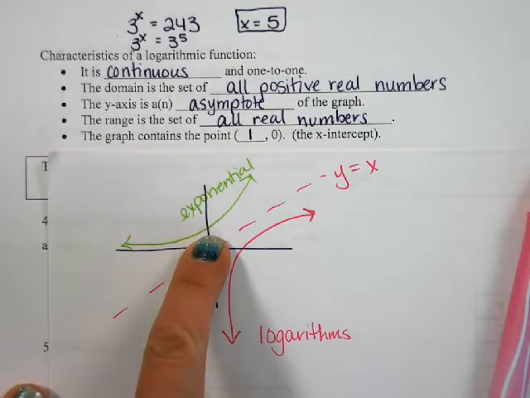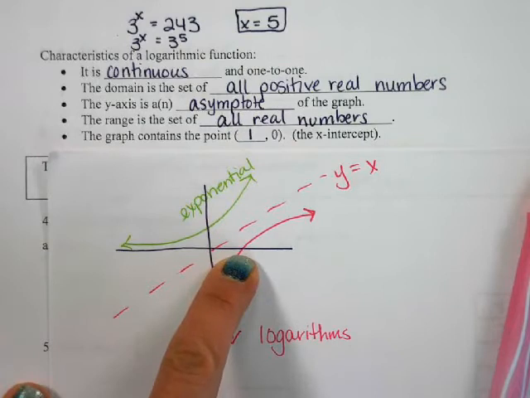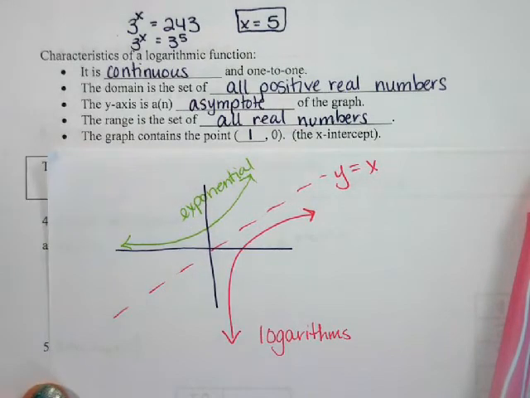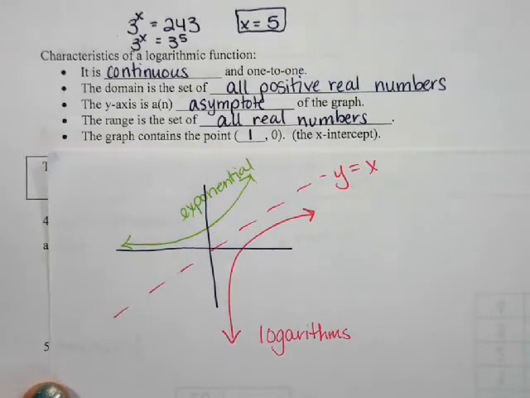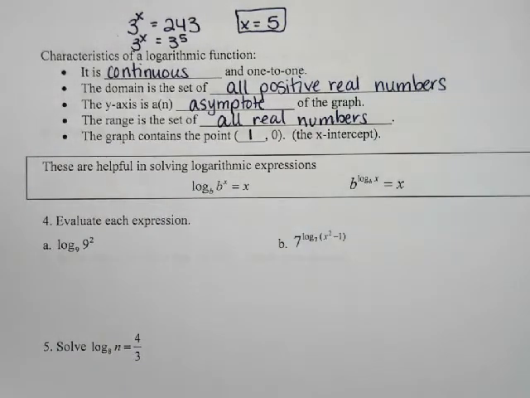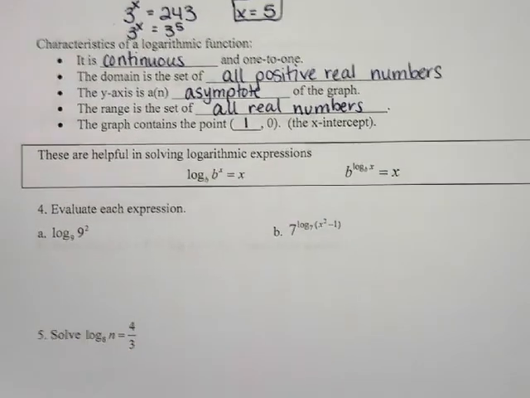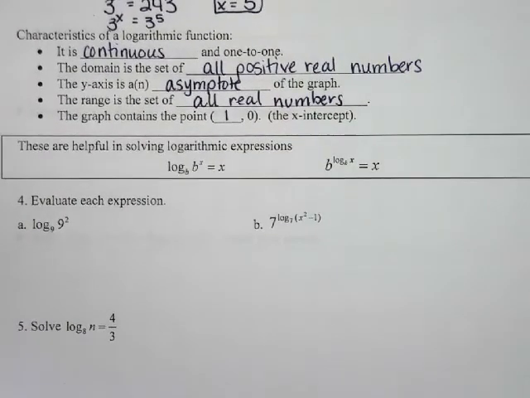This point right here is (0, 1). This point right here is (1, 0). Does that help a little bit? Questions so far?